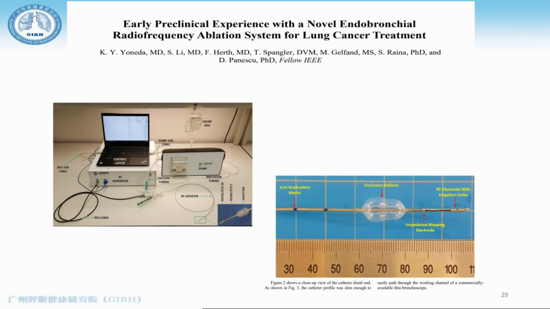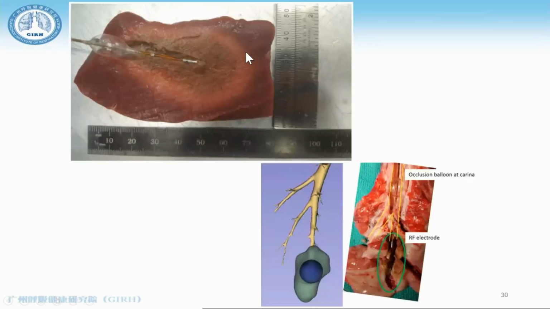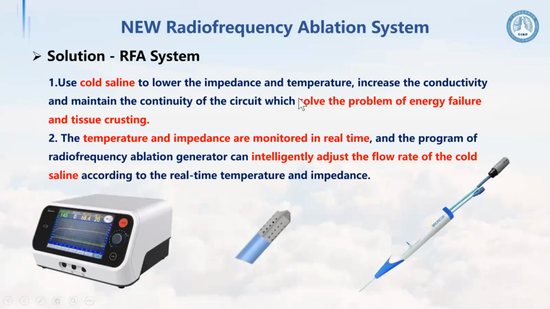This equipment is now being studied in a clinical trial in Australia. Here we can see in vivo the lesion is bigger than with the regular one, about 3 centimeters in diameter.